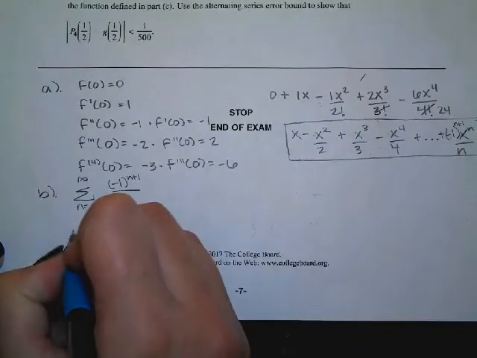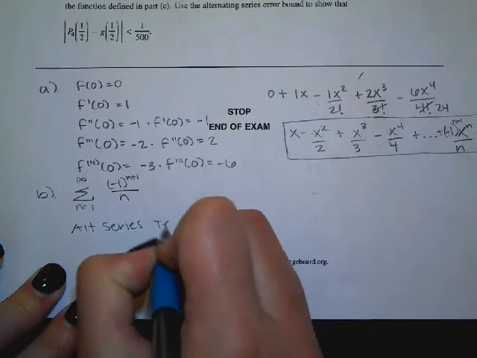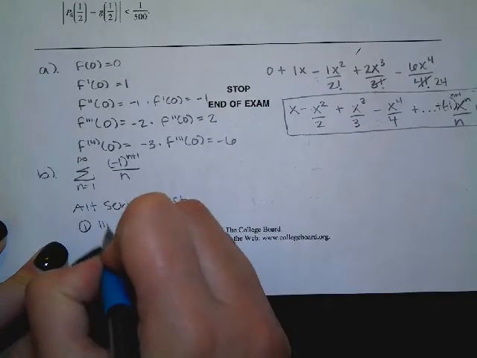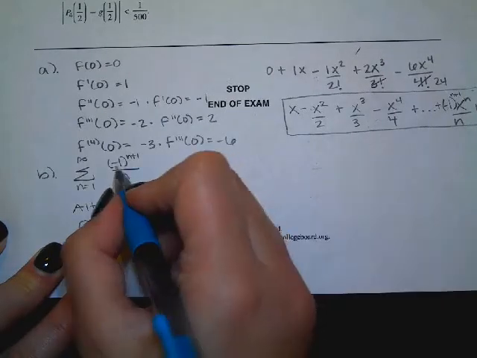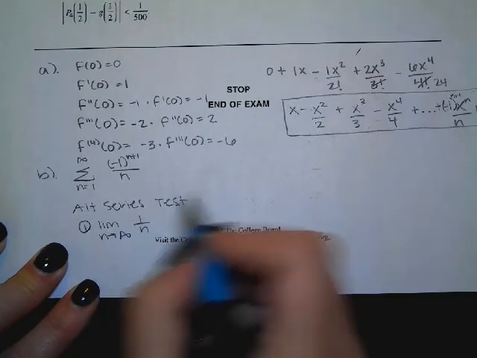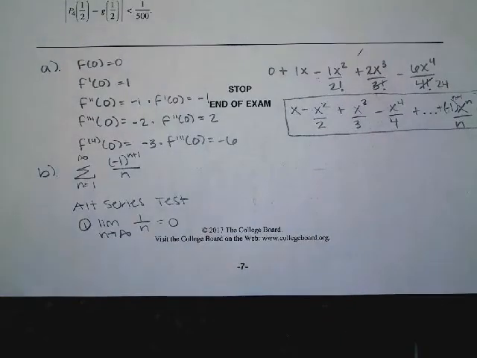So I'm just going to write that this is the series that we're working with. And if we do the alternating series test, the first part of that test is to make sure the limit as n goes to infinity of everything but the alternating part, so I'll just put a 1 on top and an n on the bottom, that the limit as n goes to infinity of that is 0, which is basically saying, does it decrease?